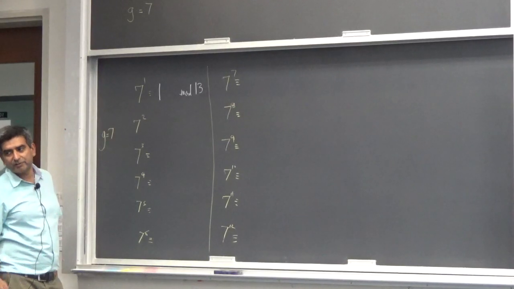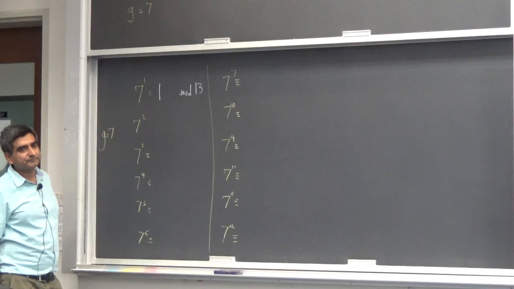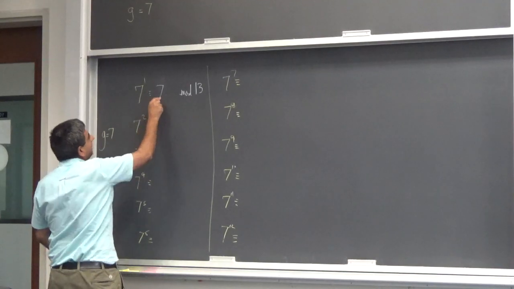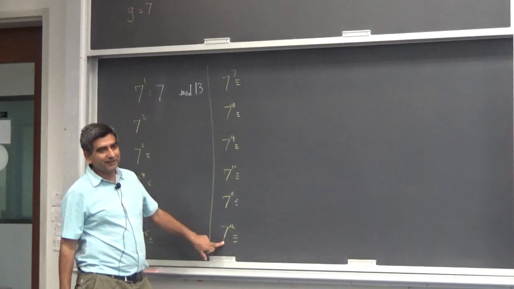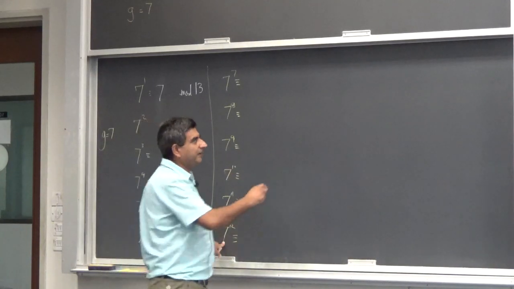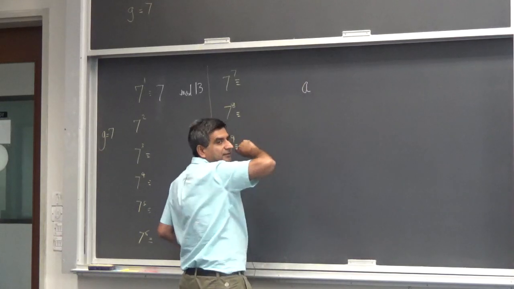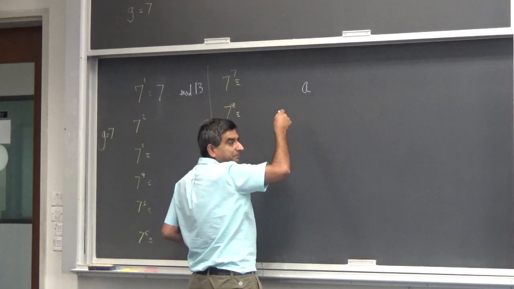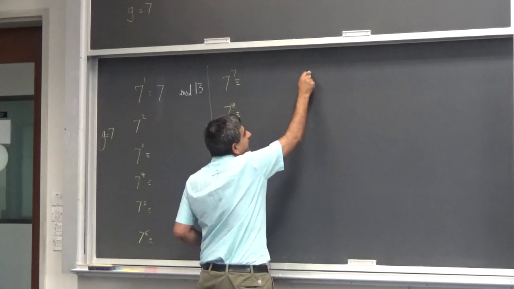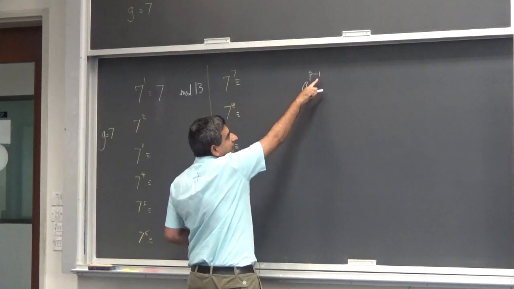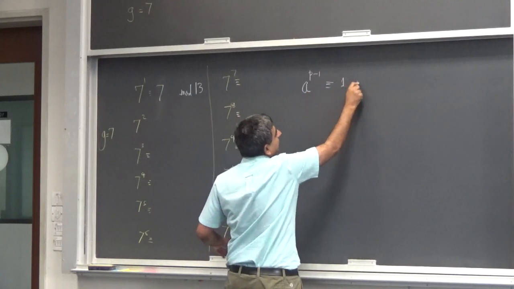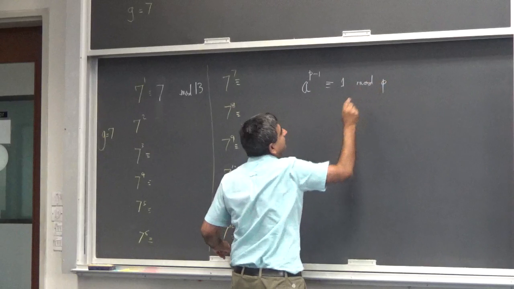7 raised to power 1 mod 13 is, sorry, 7. So this is 7. This we know from our previous lightning fast introduction to number theory: if I have a number A which is co-prime with the prime, and of course every number is co-prime with the prime, and I take the prime p, subtract 1 from it, then A raised to power p minus 1 is congruent to 1 mod p.